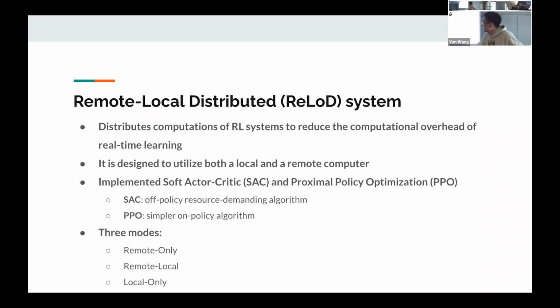ReLoD supports three modes of operation: remote only, remote-local, and local only. As the name suggests, remote only allocates all computations on the remote computer, and local only allocates all computations on the local computer. Details about the remote-local mode will be given in the next slide.